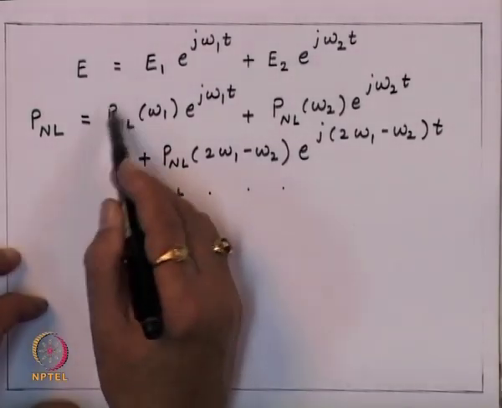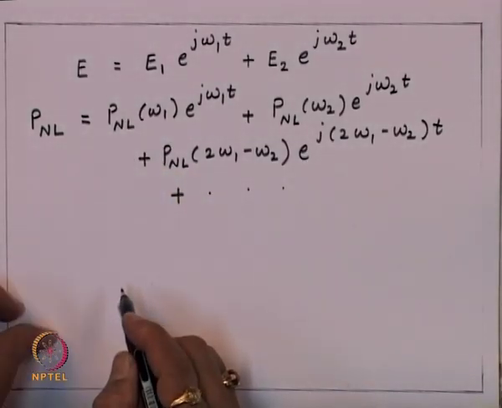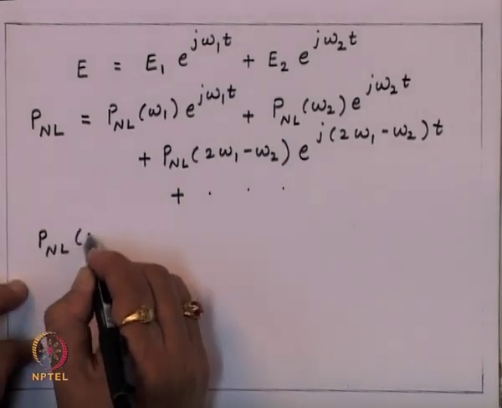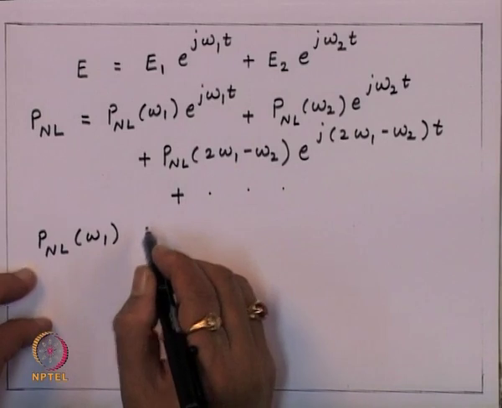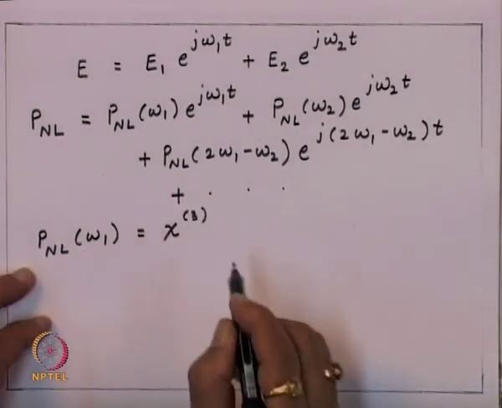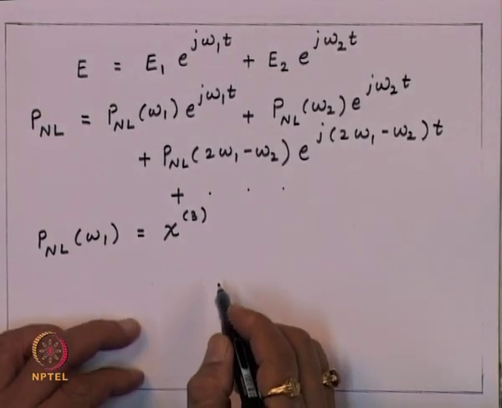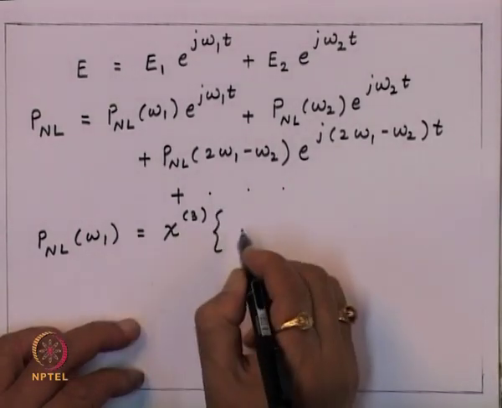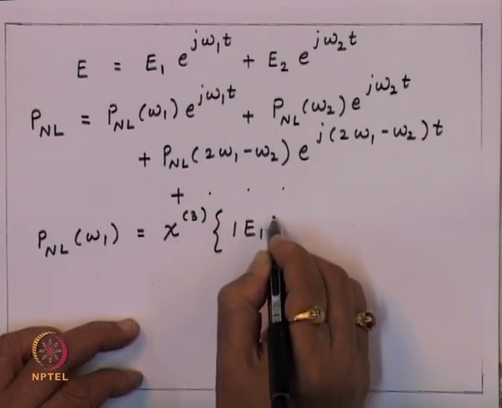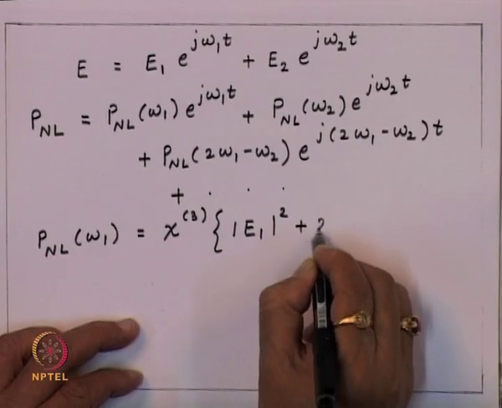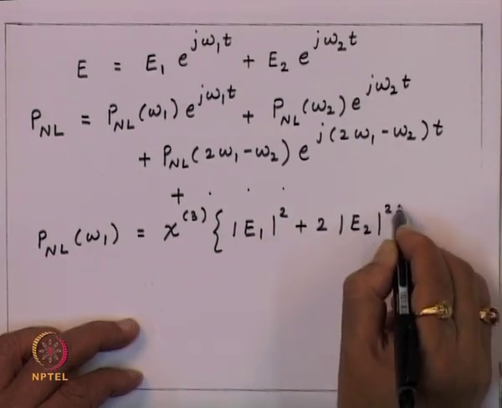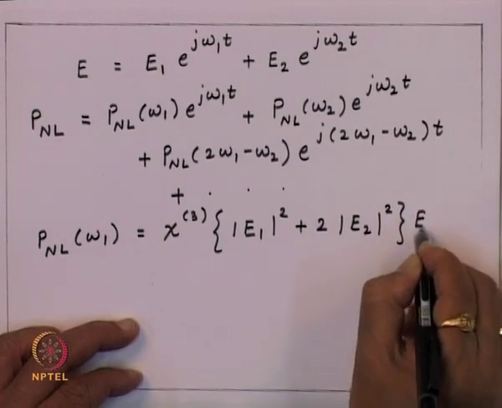And this nonlinear polarization which we get, at frequency omega 1, will be related to this chi3 nonlinearity, and the term mod E1 square plus 2 times mod E2 square, times E1.